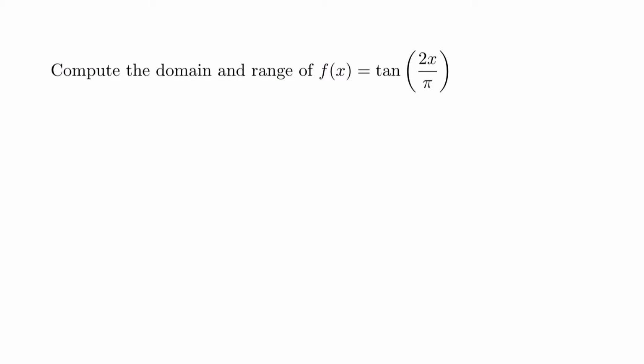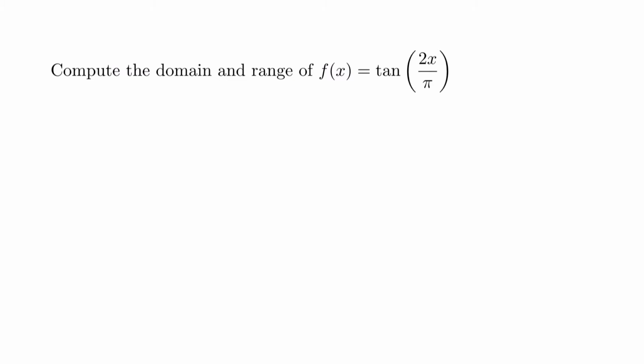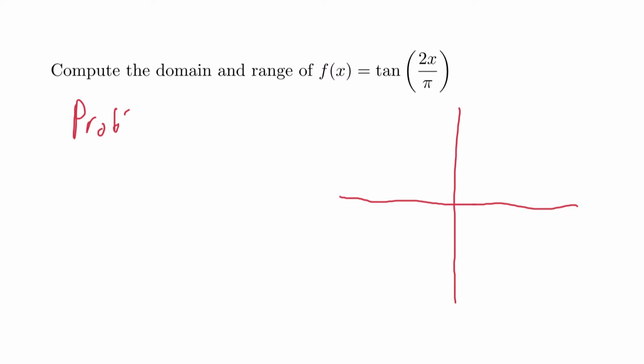Okay, so let's use this as an exercise to study the domain and range of a transformed function, tangent of 2x over pi. So all we really need to do is figure out where are the issues with the domain here. Where are the asymptotes? So think about it like this.